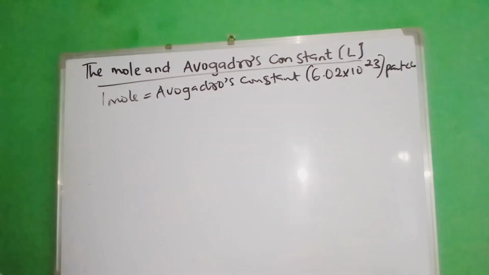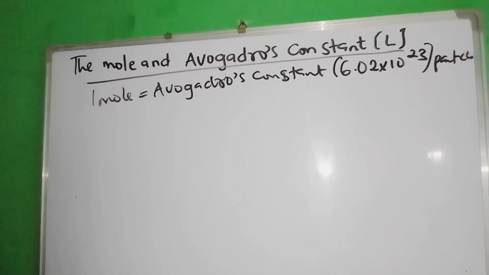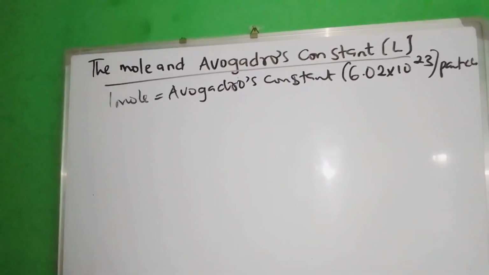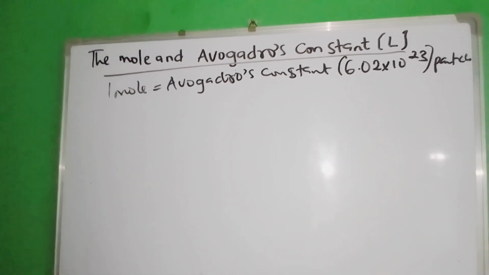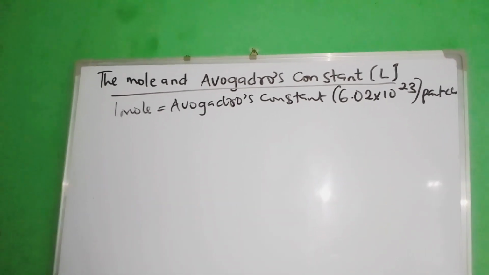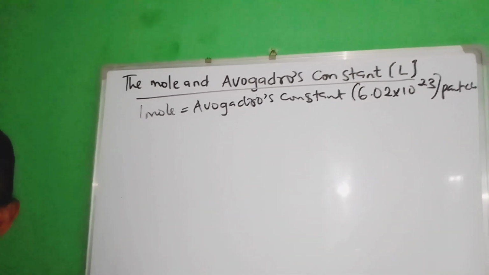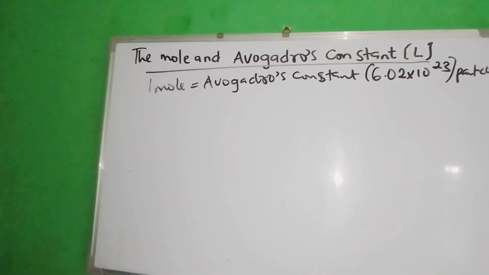These particles we are talking about may be ions, molecules, and atoms, as well as electrons. The particles we are talking about in Avogadro's constant may be molecules, ions, atoms, or electrons.